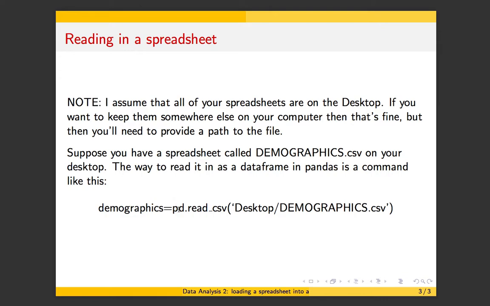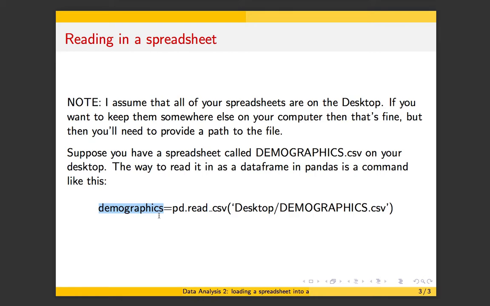After pandas has eaten and processed this spreadsheet here, you can then control the name of where it's saved. So on the left-hand side of this equals, that's where you're putting that spreadsheet as a data frame inside of your program. This is a variable name here, so you control this. So you can call this lowercase demographics or my data frame or whatever. It doesn't matter what you call it.